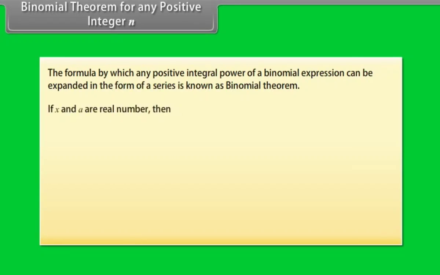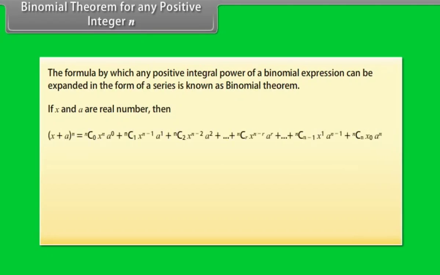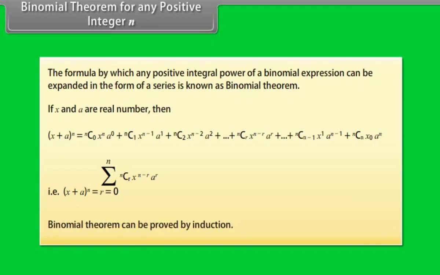If x and a are real numbers, then (x+a)^n is equal to the summation from r = 0 to n of nCr times x^(n-r) times a^r. The binomial theorem can be proved by induction.